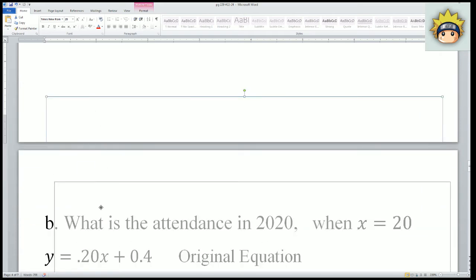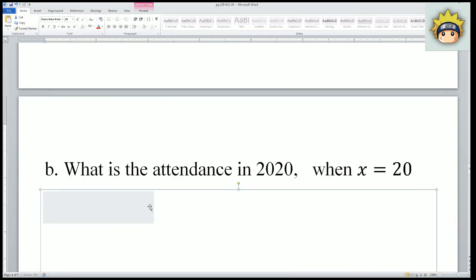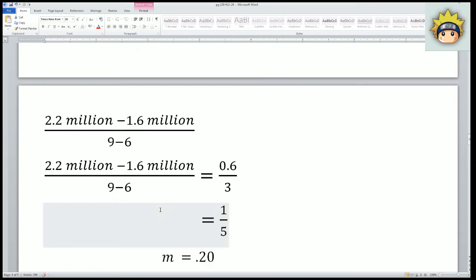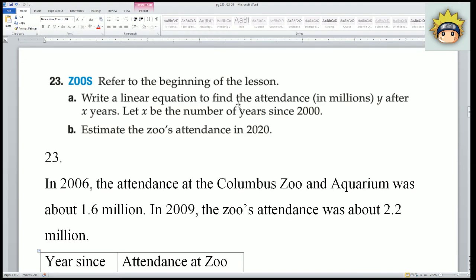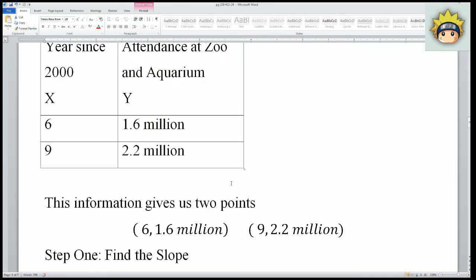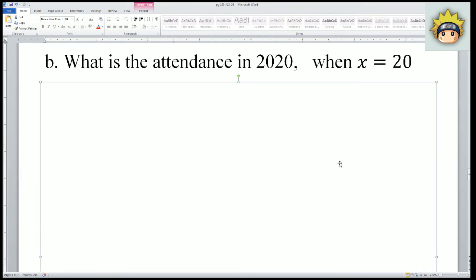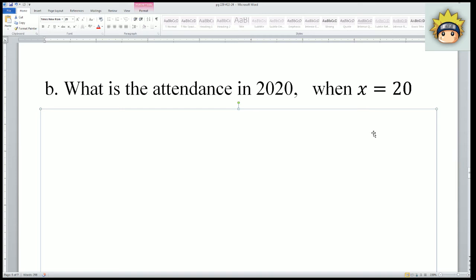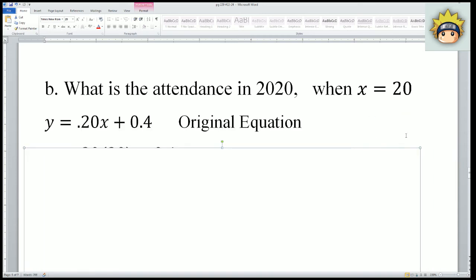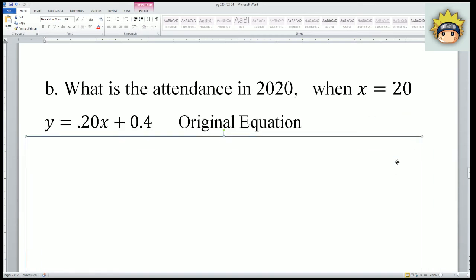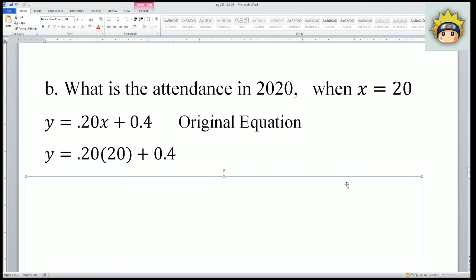So, next, it asks us to find what is the attendance in 2020. But again, x refers to the years after 2000. So 2020, how many years is that past 2000? 20. So x is equal to 20. Using my original equation, I make that substitution.